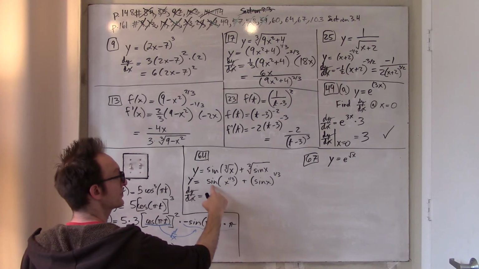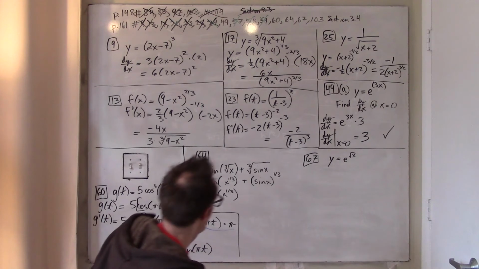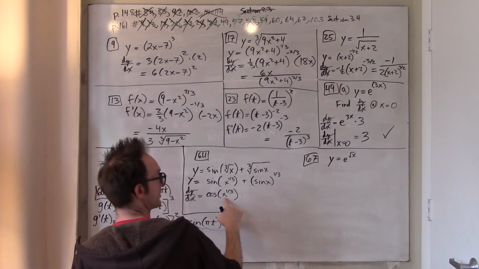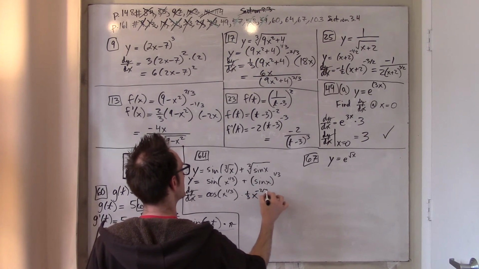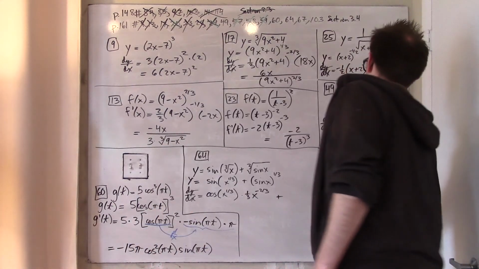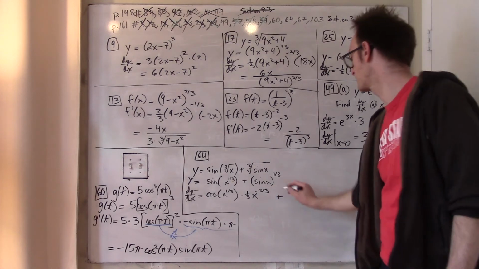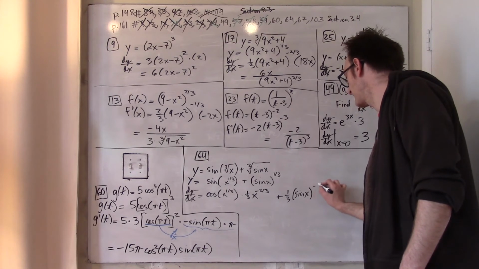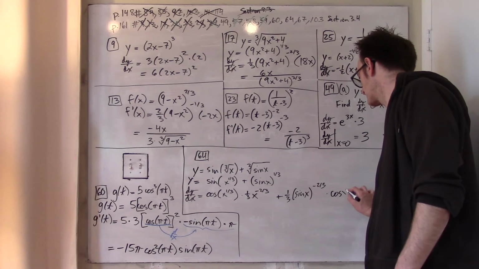What is this derivative? Well, the derivative of sine of something is cosine something back inside for the derivative of that something. So the derivative of x to the 1/3 is 1/3 x to the negative 2/3, plus, now I'm going to differentiate sine to the 1/3. Well, that's going to be 1/3 sine to the negative 2/3 back inside for the derivative of sine, which is cosine.